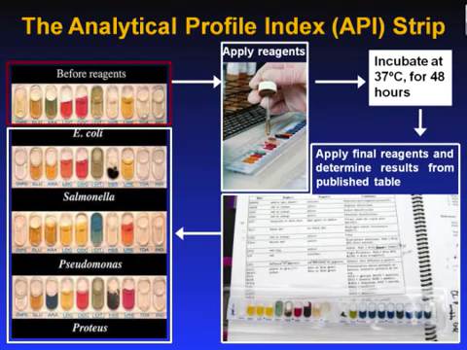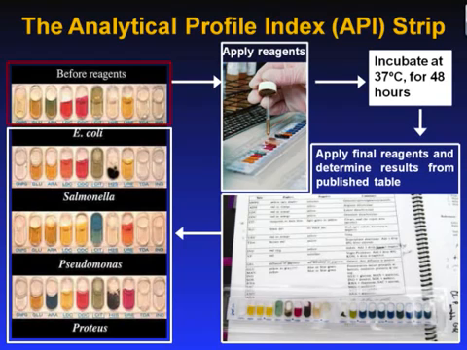The strip is then incubated in a small plastic humidity chamber for 24 to 48 hours at 37 degrees Celsius. The reagents in the cupules are specifically designed to test for the presence of products of bacterial metabolism specific to certain kinds of bacteria. After incubation, each cupule is assessed for a specific color change indicating the presence of a metabolic reaction that sheds light on the microbe's identity.